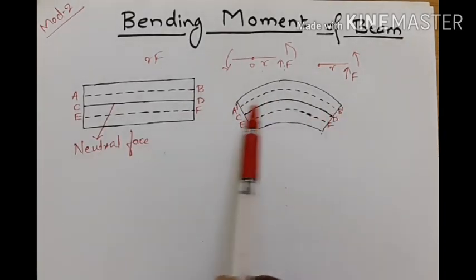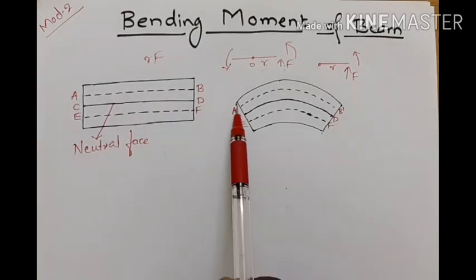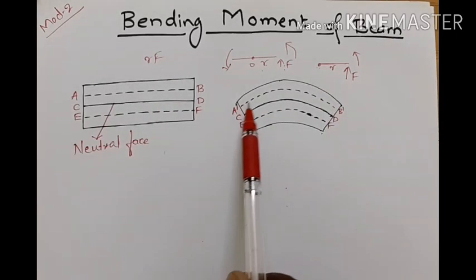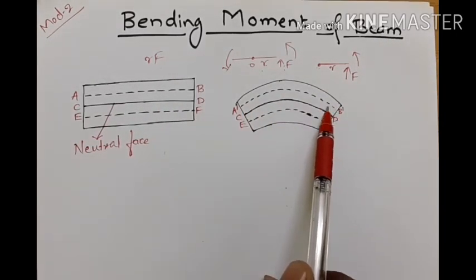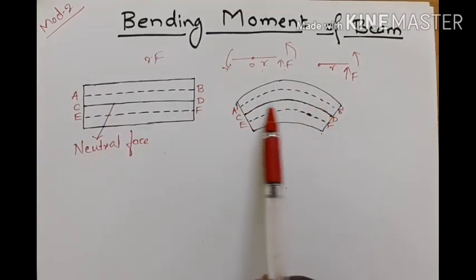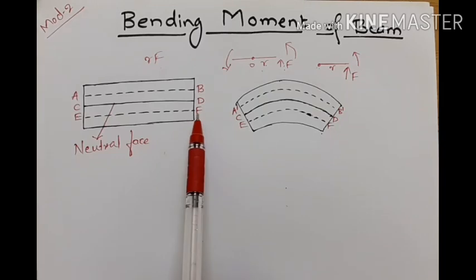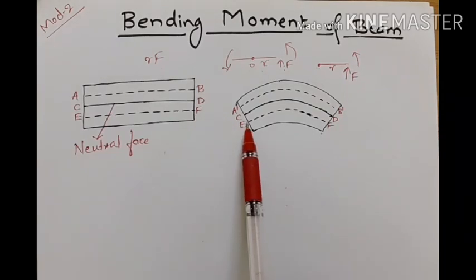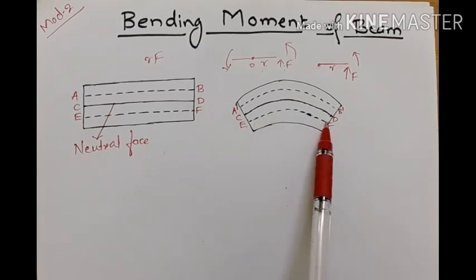What is the difference between AB and A dash B dash? A dash B dash has increased its length, that means it has been elongated. Now this EF length has been contracted or compressed. The length has become less.